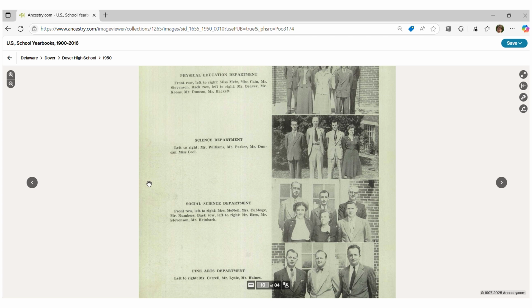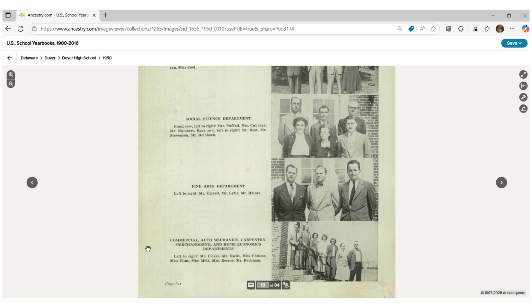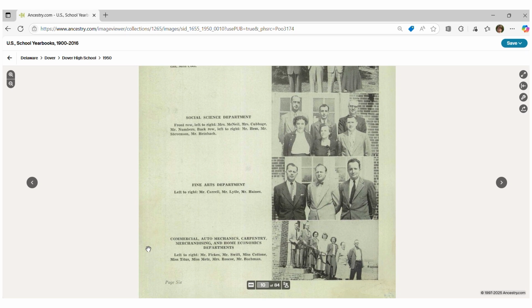She is the only woman in that science department, but it tells us a little bit perhaps about her interest as well. It doesn't tell us what she did, just tells us that she was in that department. So don't overlook the faculty pages when it comes to these yearbooks, because you may find your ancestor among the students, but maybe you're going to find someone in the administration or as the faculty as well.